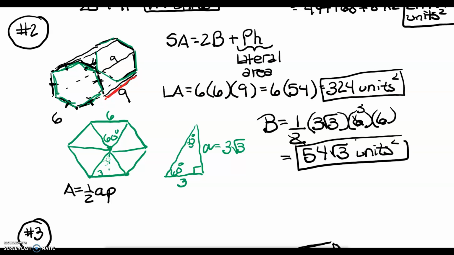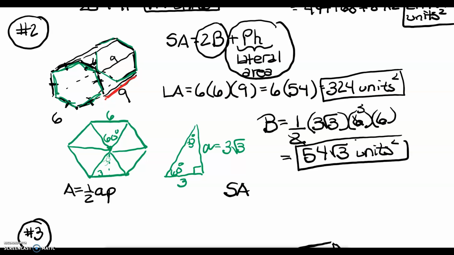All right, so how do we use this to find the surface area? Well, my surface area formula, remember, was 2 times the area of my base plus the perimeter times the height. And the perimeter times the height is the lateral area, which we've already found. So I'm just going to multiply the area of my base times 2 and add it to my lateral area.